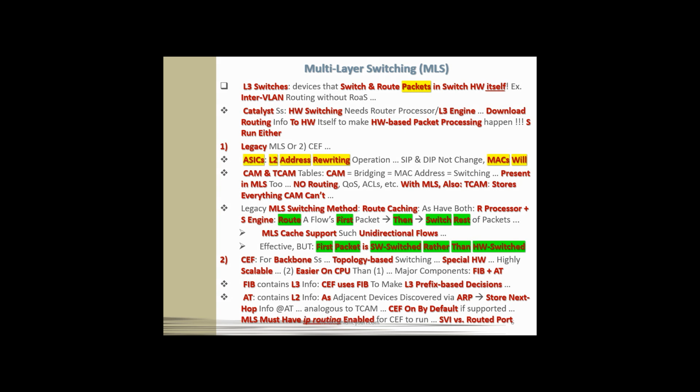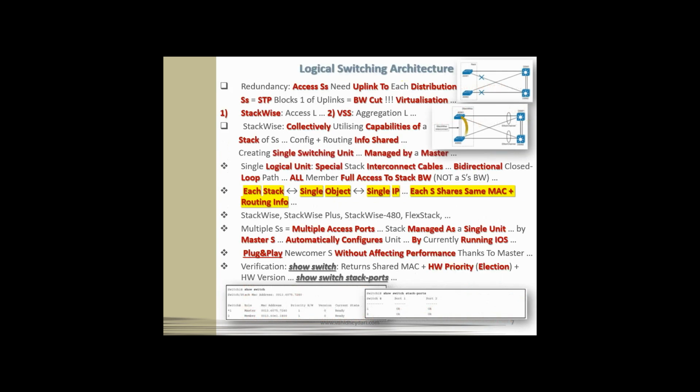This short introduction on MLS brings us to the next topic, that is logical switching architecture. Let's first see why we need virtualization at all. Well, we know that for the sake of redundancy, we need to link access switches to distribution switches. So access switches need their own uplinks to each of the distribution switches in order to satisfy the redundancy requirements.